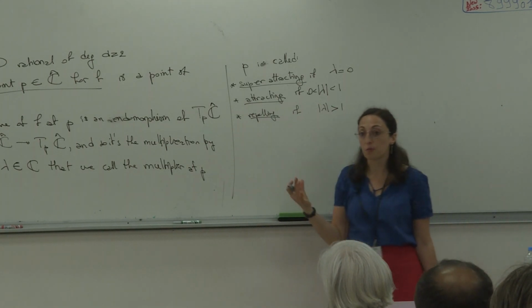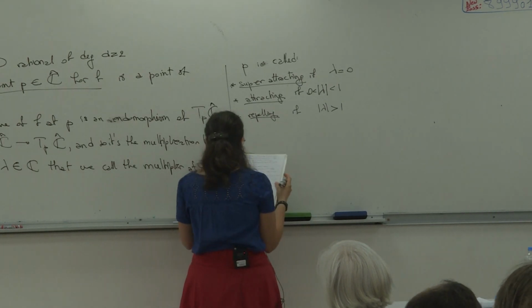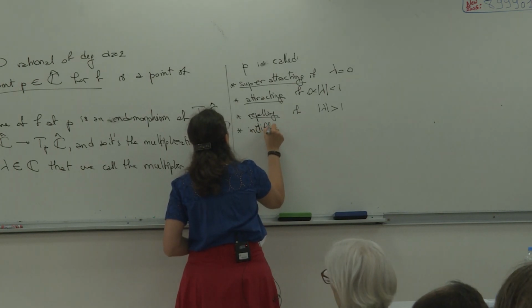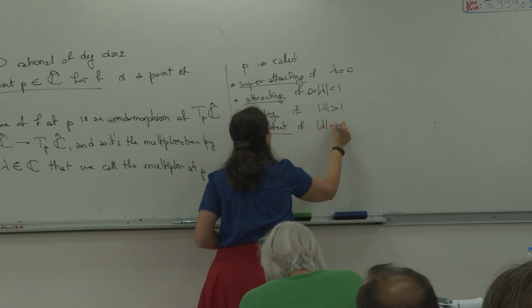And now we are left with the modulus 1 case. So it's going to be called indifferent or neutral if the modulus of lambda is 1.